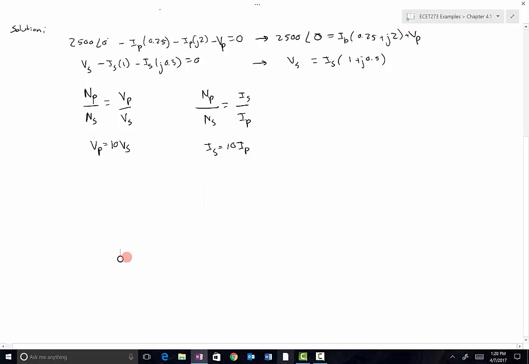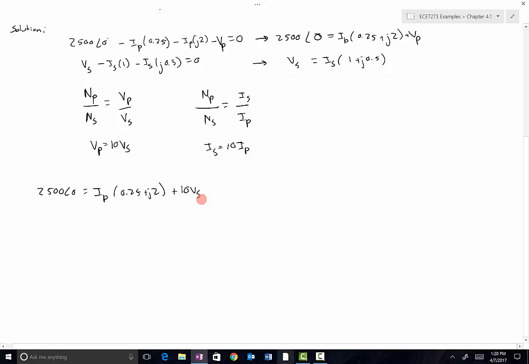So I'm going to substitute these values into the Kirchhoff's voltage law equations previously developed, and that's going to be 2500 at an angle 0 is equal to IP times 0.25 plus J2 plus VP, but I'm going to get rid of VP by just saying that's equal to 10 VS. So now I've gotten rid of one variable.